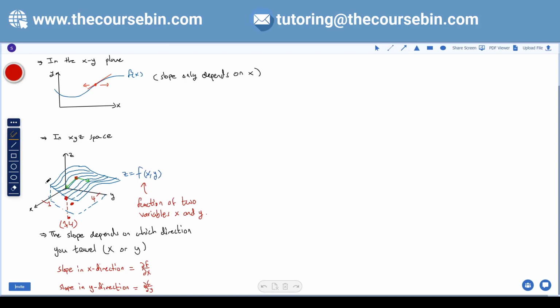Like the shadow? Exactly. The shadow of the point on that surface is on the xy plane. So whatever point you choose in the xy plane, there's a corresponding z value. Does that make sense? All right, so these are partial derivatives.